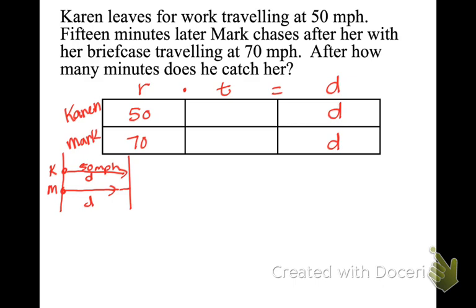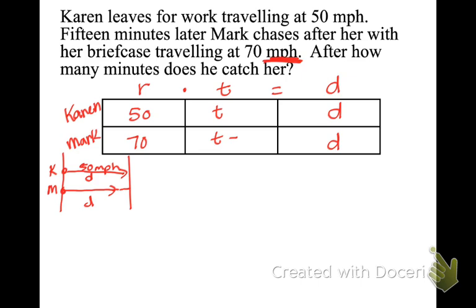And so now we go to time. We don't know what their time is, so we'll use T. But how do we differentiate their T? I think it says 15 minutes later, so Mark would be T minus 15. But we're talking in hours, so you will need to convert that.